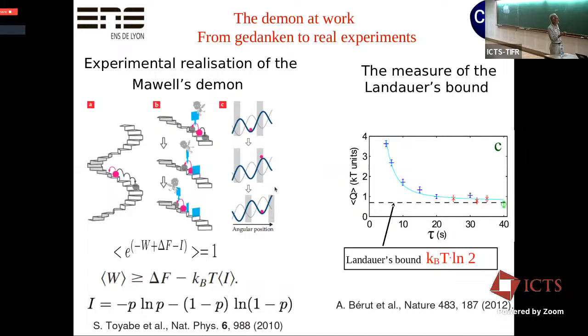Okay, that is an extension again of the second principle, because you see the second principle tells us that the work that I do between two states of the system has to be larger than delta F. Whereas here you see that the work can be smaller thanks to the fact that I introduce some feedback, some information into the system.